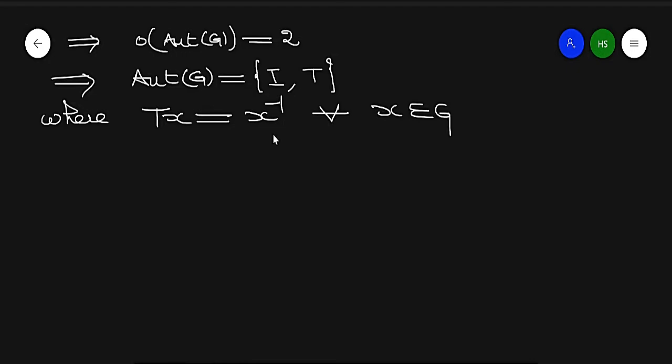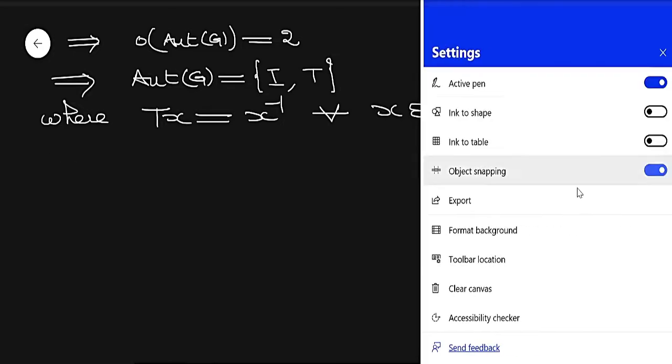So this is very important to find the automorphisms of such groups. Now, for example, by using this result, the automorphism group of Z is isomorphic to Z2.